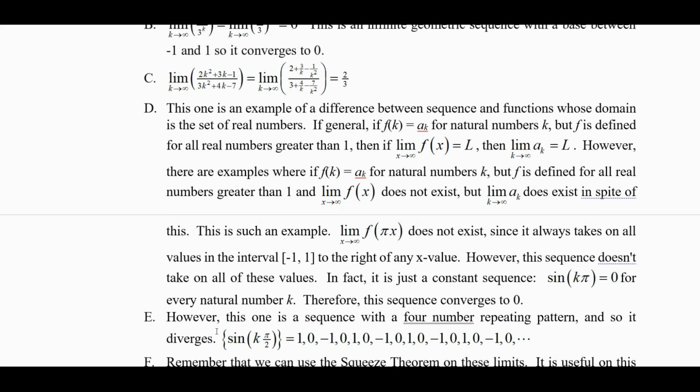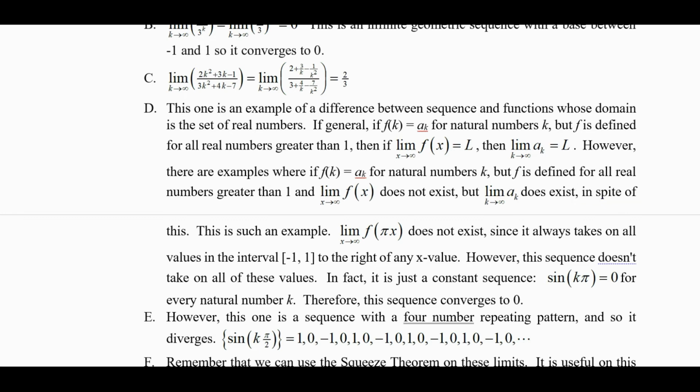So sometimes that's useful. However, there are examples where f of k equals a sub k for natural numbers, and f is defined for all real numbers greater than 1, but the limit of f of x as x approaches infinity does not exist, while the limit as k approaches infinity of a sub k does exist in spite of this. And this is exactly an example of that.